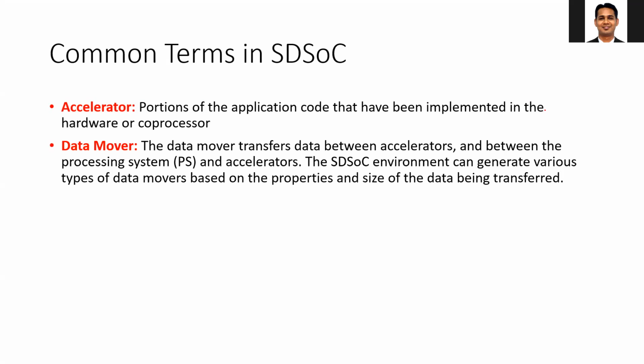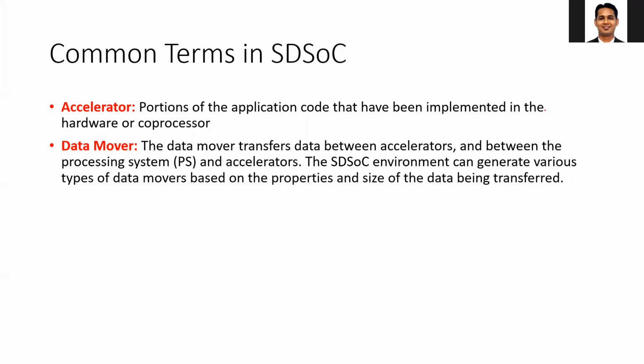Next is the data mover. In the previous lecture, we discussed the DMA and how the DMA can be used to move the data between the IPs and the memory. So DMAs are nothing but the data mover. They transfer the data between the processing system and the accelerator, or between the memory and the accelerator.